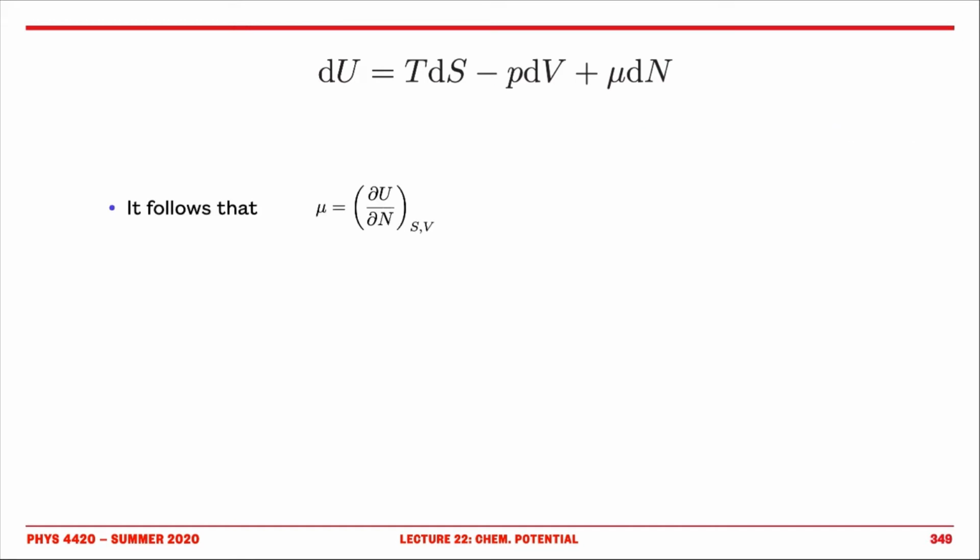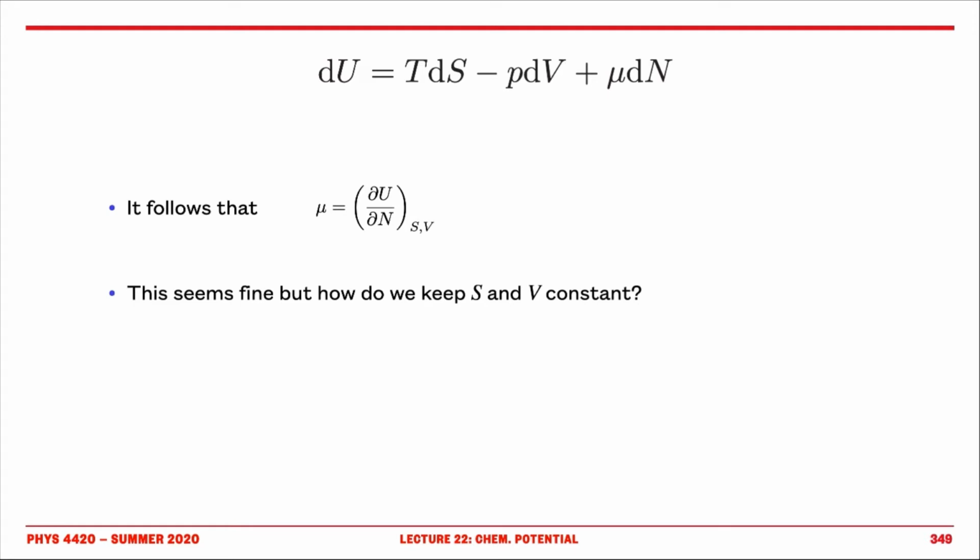First of all, since U is an exact differential, we can now say that the natural variables for U are S, V, and N. And that means that the plus mu can be written as the partial derivative of U with respect to N at constant entropy and volume, just like what we did before when we looked into the lecture on the thermodynamic potential. This is the same idea mathematically.